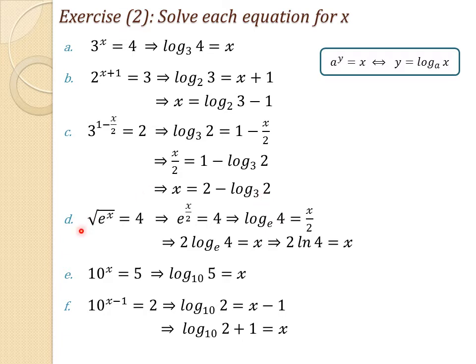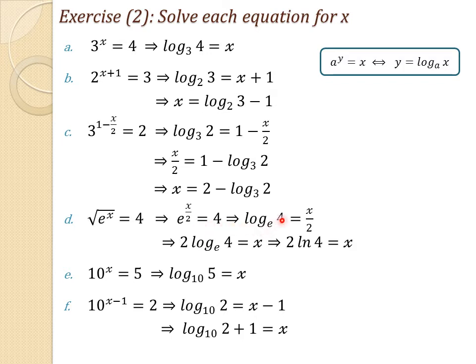On D, we have square root of exponential function power x equal 4. So in order to transfer terms and make them in the form of x equal, first we write the square root in the form of e power x over 2 equal 4, and then change it to logarithmic form.